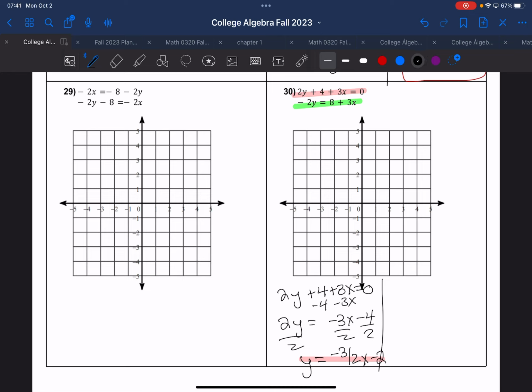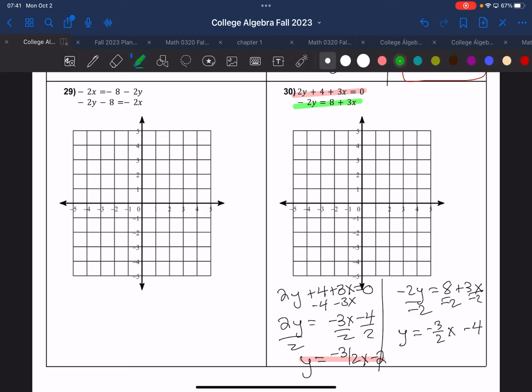And then my second one is negative 2y is equal to 8 plus 3x. What am I going to have to do to everything to get y by itself? Divide by negative 2. So I get y is equal to negative 3 over 2x minus 4. Again, why did I place that x first? It has to be in that format.